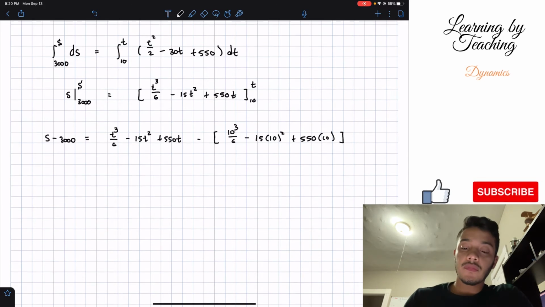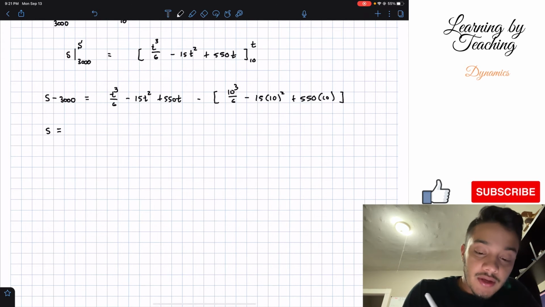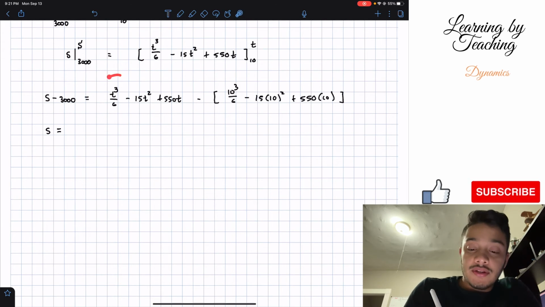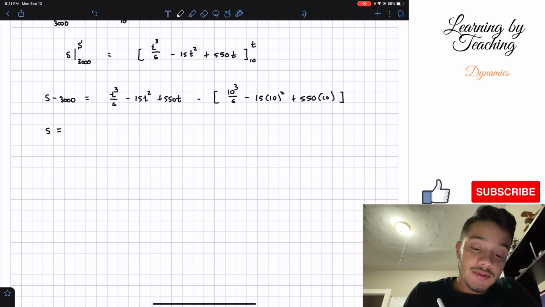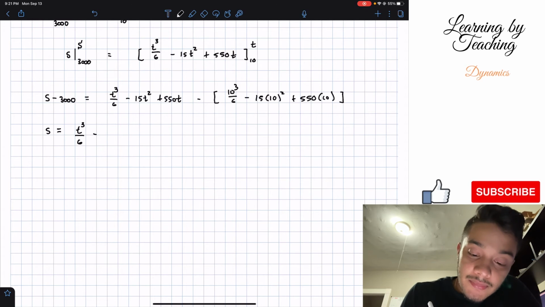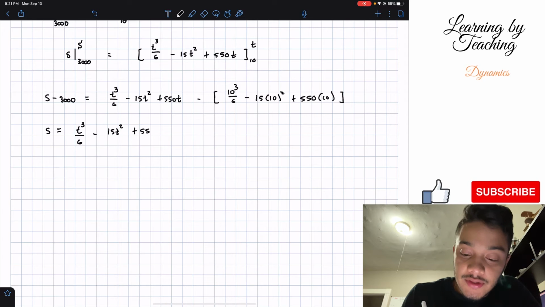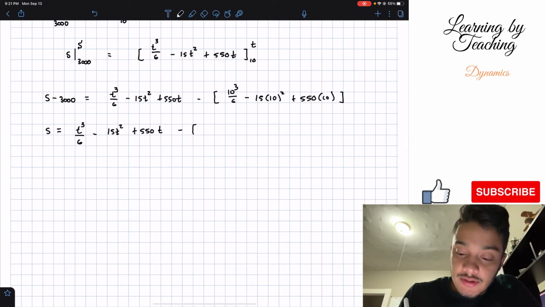Okay, if we solve for our position, so s is going to be equal to what? All these variables that had t, we cannot combine them with anything else, so we're just gonna leave them the way they are. t cubed divided by 6 minus 15t squared plus 550t minus, and then the bracket.